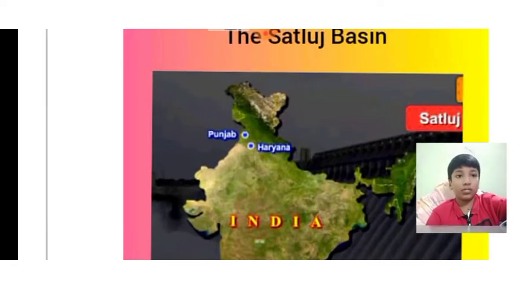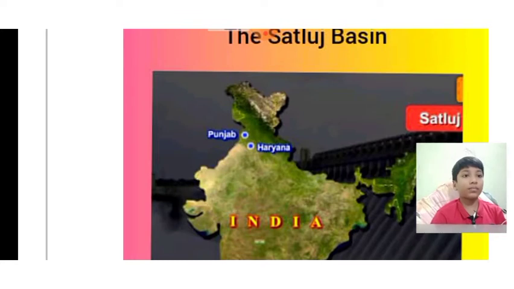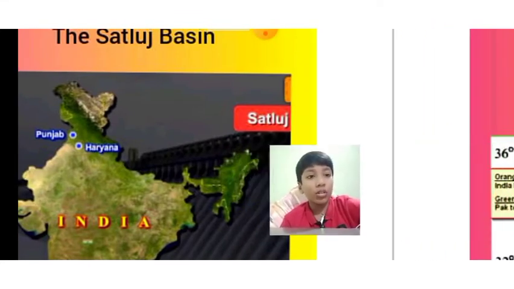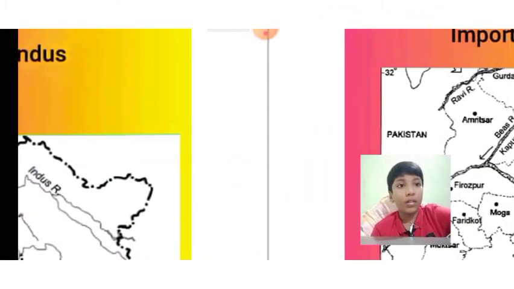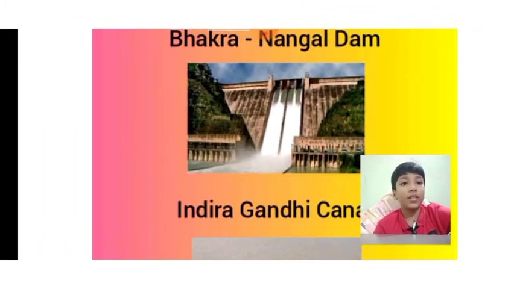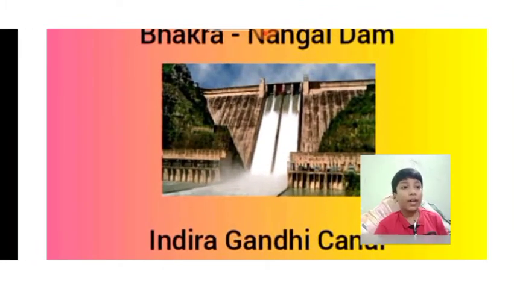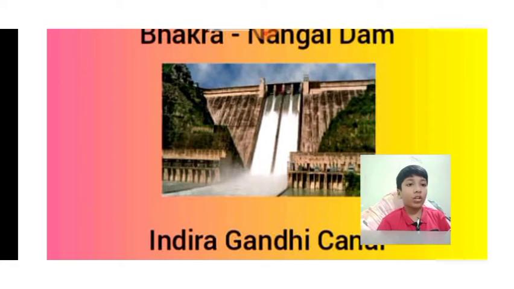Now we will learn. In this place, farmers depend on dams and canals. I will show the picture. What we'll see is an important dam, that is the Bhakra Nangal Dam, built on the river Sutlej to provide farmers water for irrigation and for electricity.